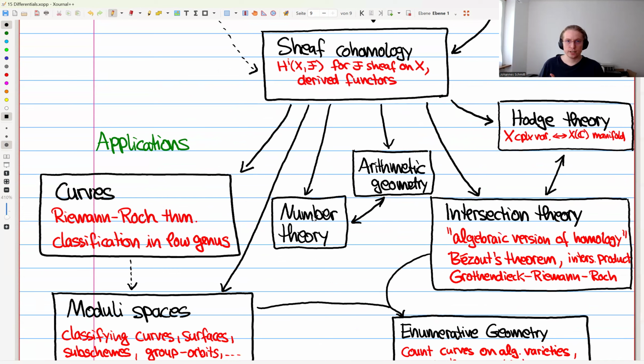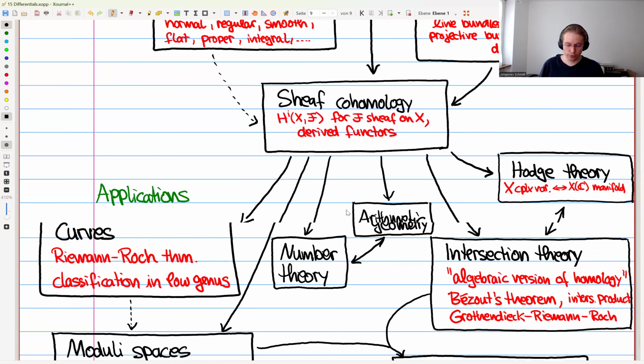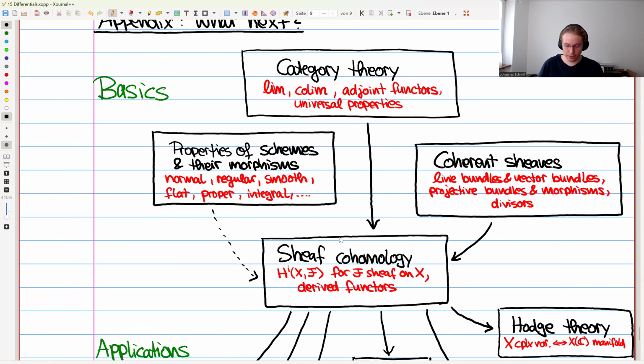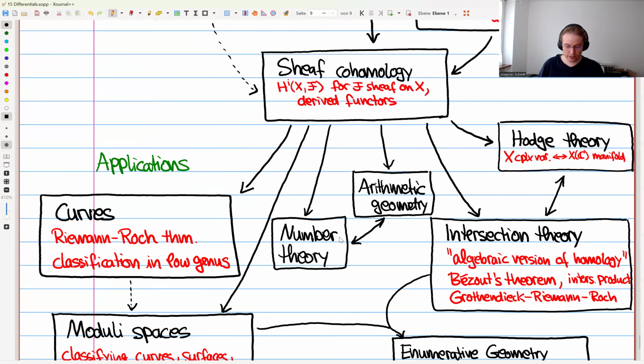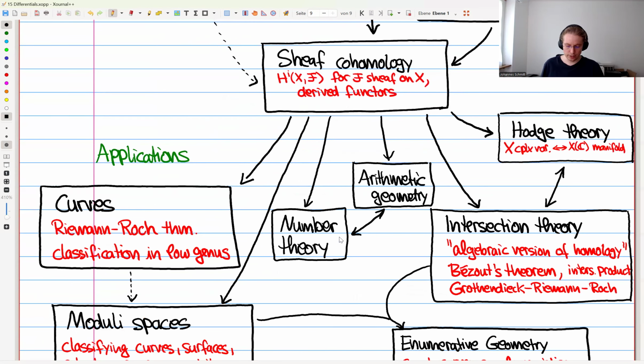There the idea is you start studying equations over maybe the integers, or trying to solve these systems of equations, not over an algebraically closed field as we have done for the majority of the course, but for example, try to solve equations over finite fields or over the integers, over number fields, and so on. I won't say so much about this, but this is again an area which needs all of these prerequisites. And if you're interested in number theory questions, it's certainly not wasted time to learn this stuff.